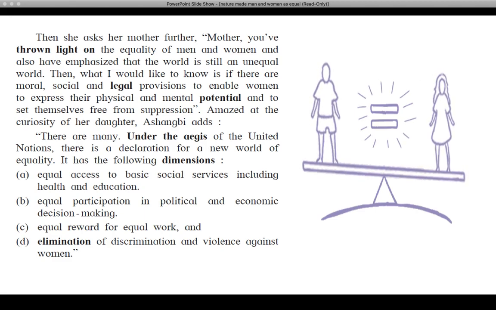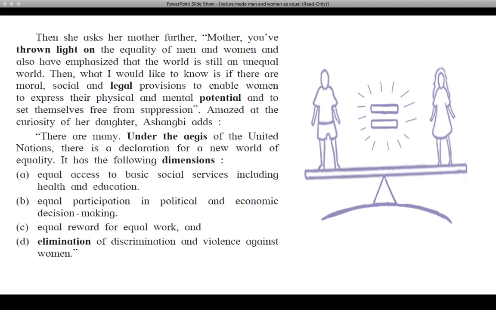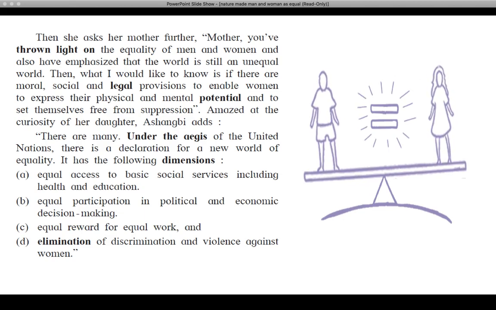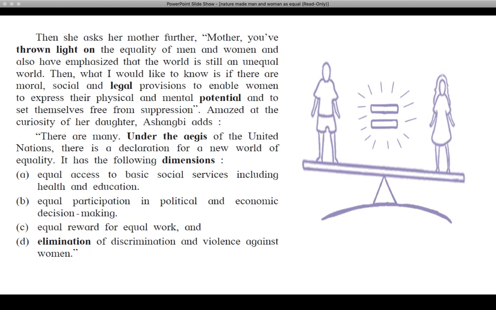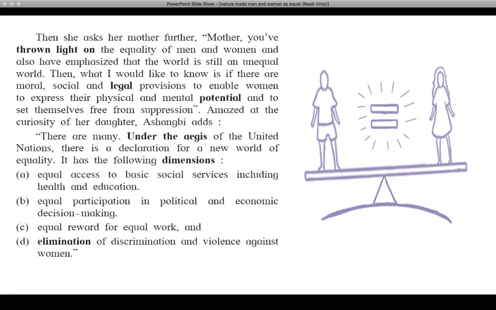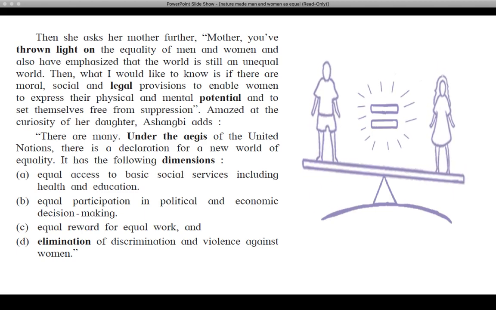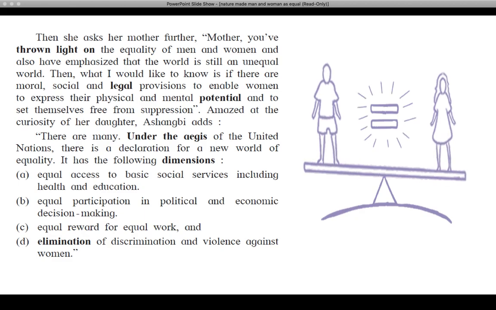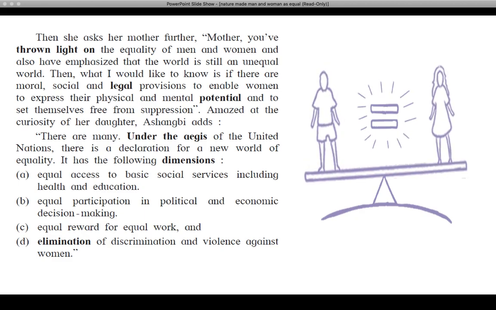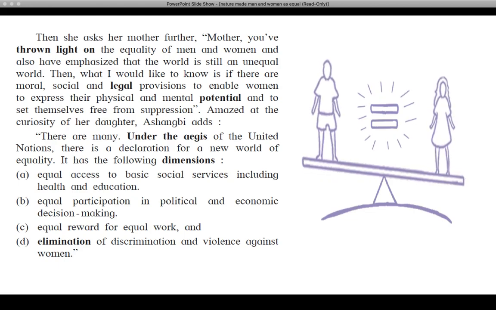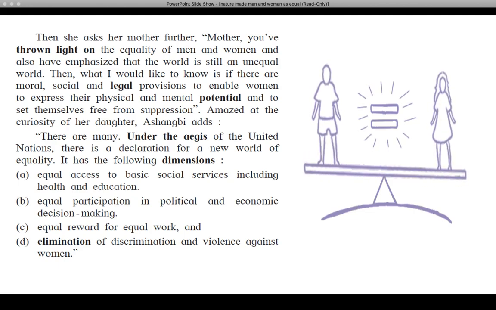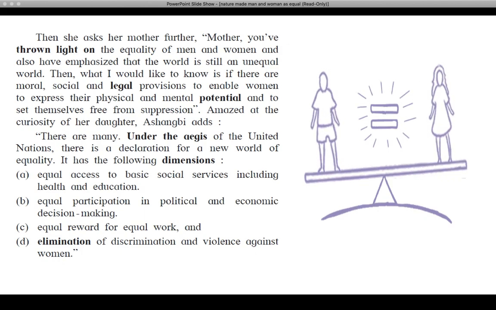Under the aegis of the United Nations, there is a declaration for a new world of equality. It has the following dimensions: equal access to basic social services, including health and education, equal participation in political and economic decision making, equal reward for equal work, and elimination of discrimination and violence against women.